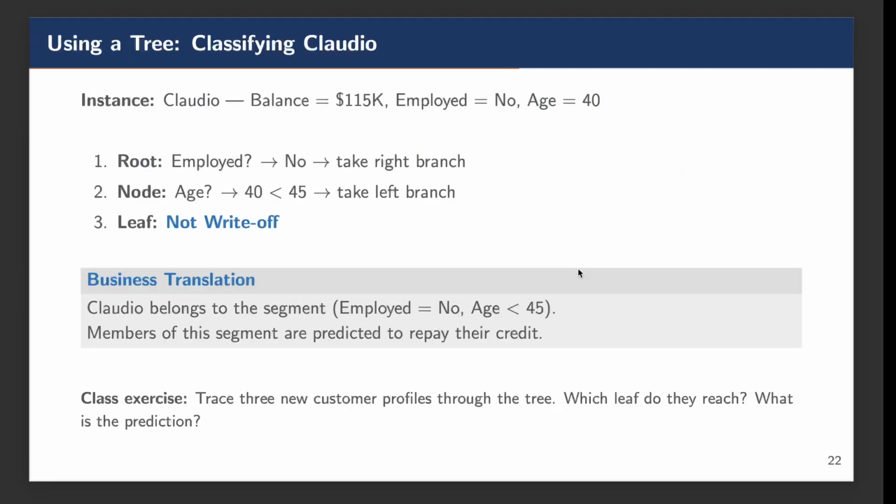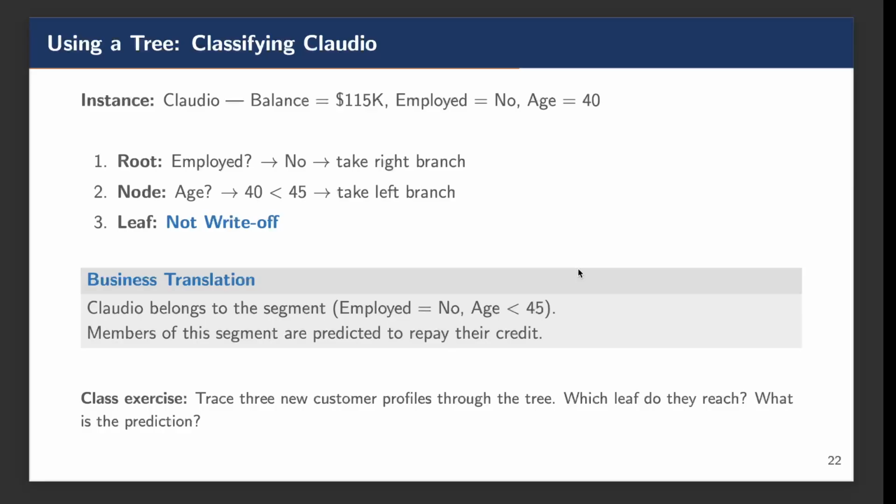Now, let's classify a customer, and let's say the customer's name is Claudio. Let's say Claudio is not employed, and I'm not sure whether it is a he or she, but this person has 115K in the account, and is 40 years old. So how do we do the prediction? First, we start at the root. We ask the question, is he employed?